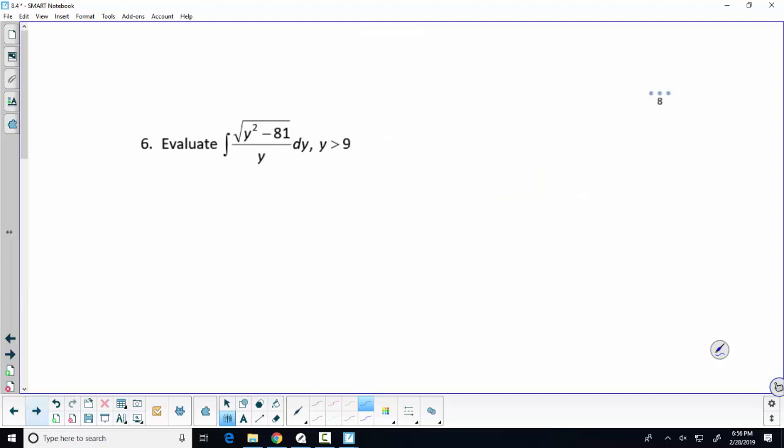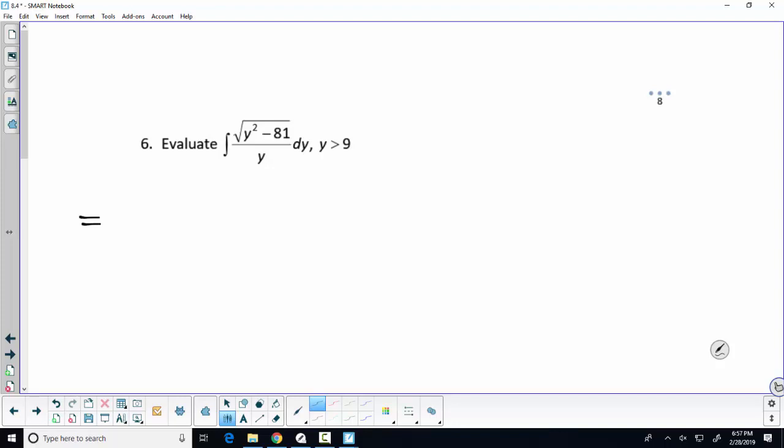Similar kind of example here. Let's see how this one turns out. Usually when you see the difference of squares or the sum of squares under a radical, those are perfect choices for a trig substitution. However, we did have one example where it was, I think, 81x squared plus 1 to the second power. So things like that are also candidates as well.